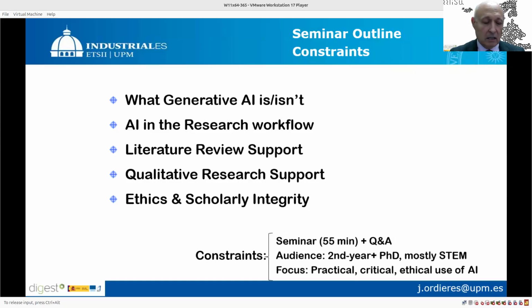The seminar is intended for people carrying out their second year PhD process, most of them STEM people. The focus intends to be practical, critical, and ethical about the topic itself, starting from an introduction about what it is.